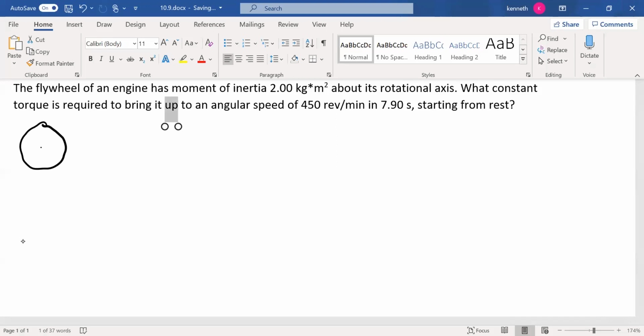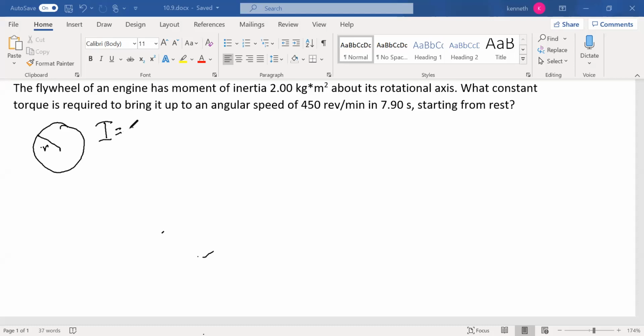Write out in math what they give us here in words as best we can.